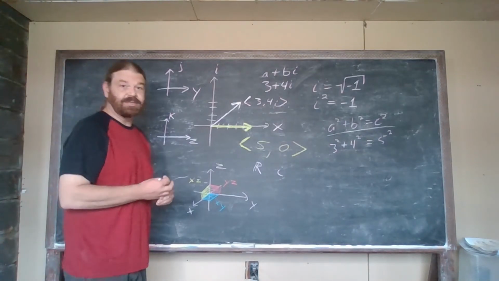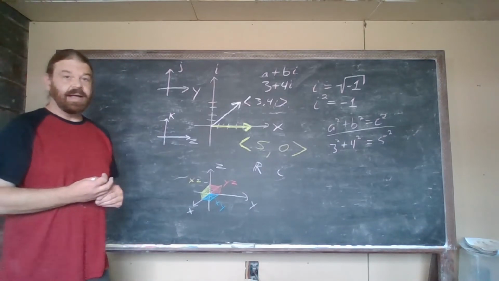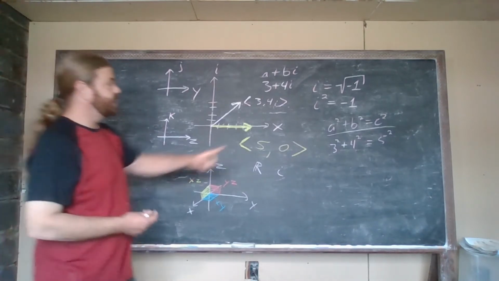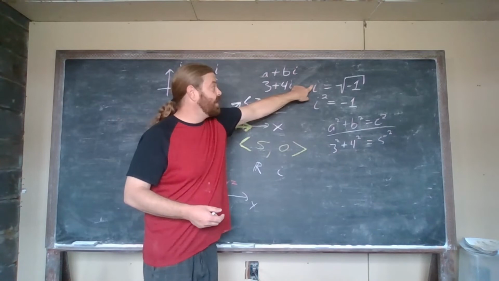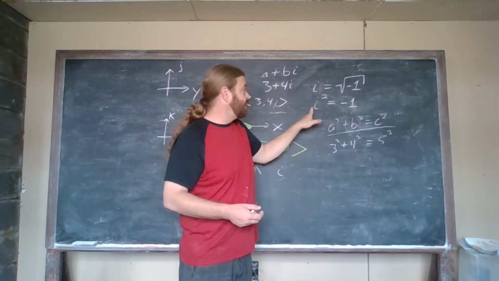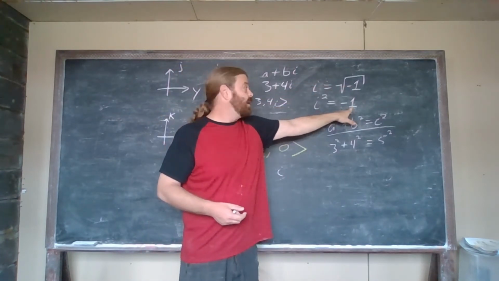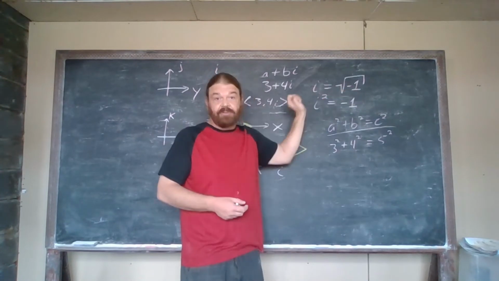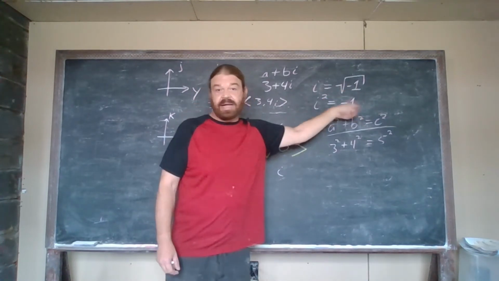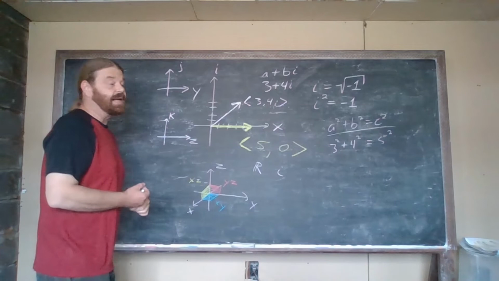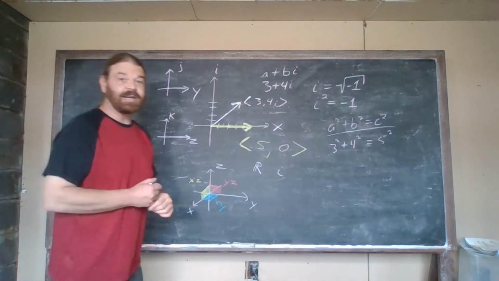This probably still seems really complicated, and I need to write down some rules. Like I is the square root of -1, so I squared is -1, which you probably remember from your math class, if you've had at least intermediate algebra.